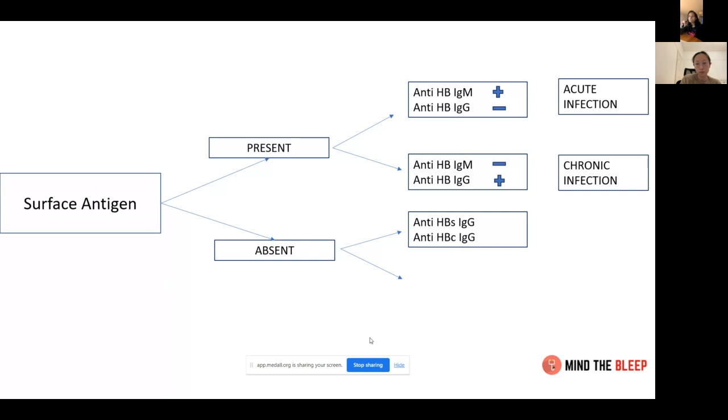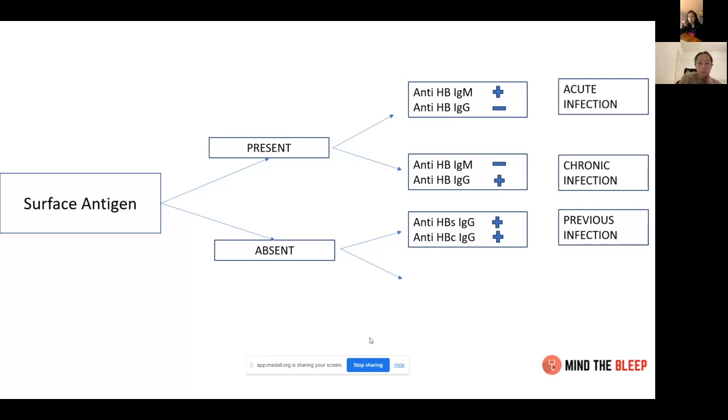So if the antibody against the surface is present and the one against the core is present, that means it's a previous infection. The virus has gone through the surface and the core, and the body has produced immunoglobulins against this, therefore a previous infection.